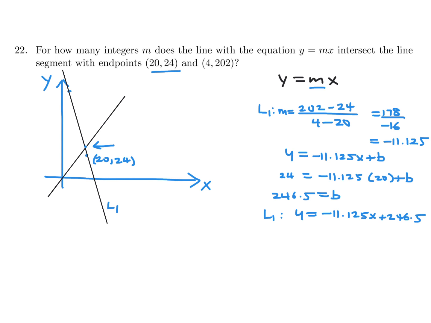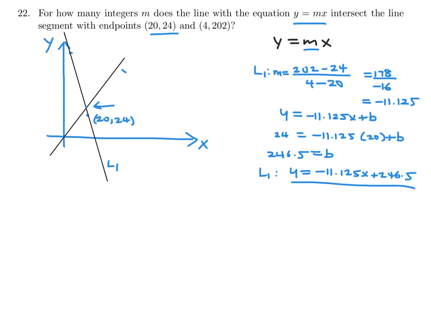So now we have to set this equal to this, because those two lines have to intersect. This line is y equals mx, and this line is L1, and this is the equation for L1. So mx would be equal to minus 11.125x plus 246.5. Okay, so far so good. Now let me think about this. Should I solve for x or should I solve for m?